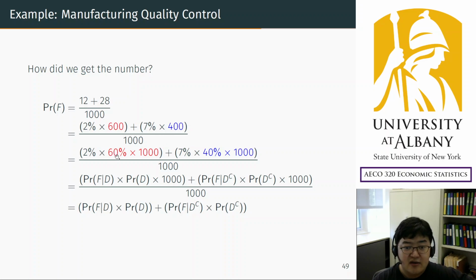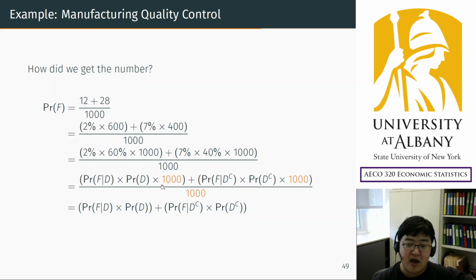And then you know what this number is. Again, 60% was given in the question. 40% is also given in the question. So you may replace 2% with this probability, 60% with this probability, like that. Still, one number remains, that is 1000.